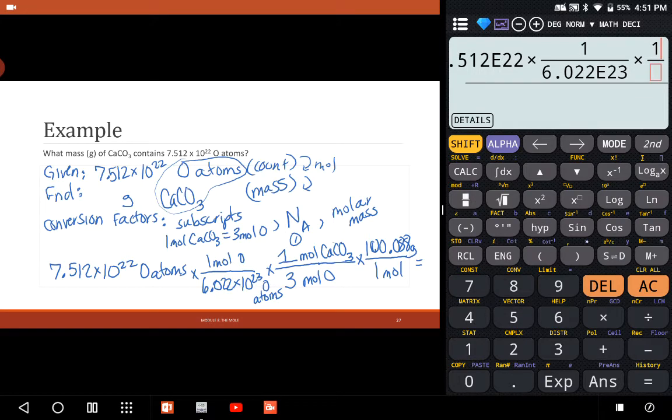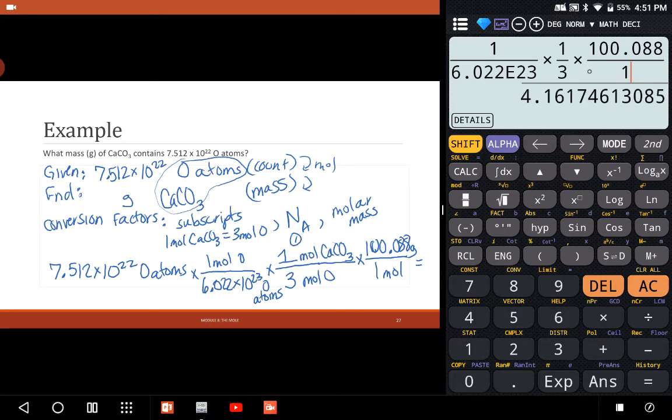And then I need a 1 over 3. And then I need a 100.088 over 1. And so I highly encourage that you type it all into your calculator as one calculation. That way you avoid any rounding errors or re-entry errors from hitting equals and typing things in multiple times.